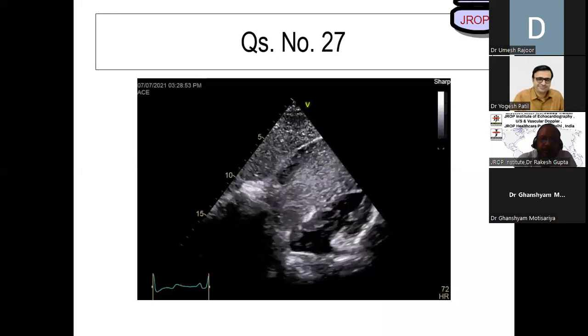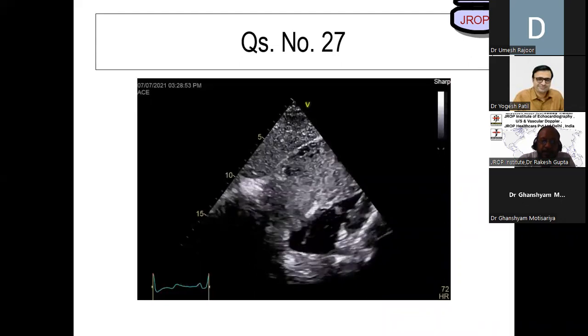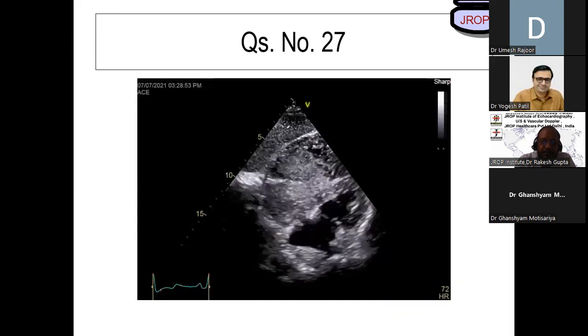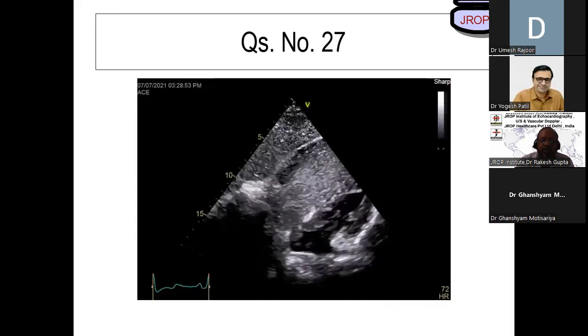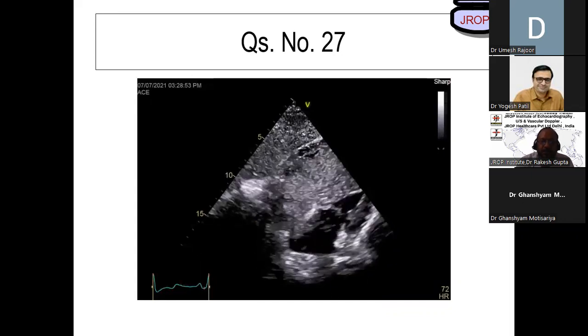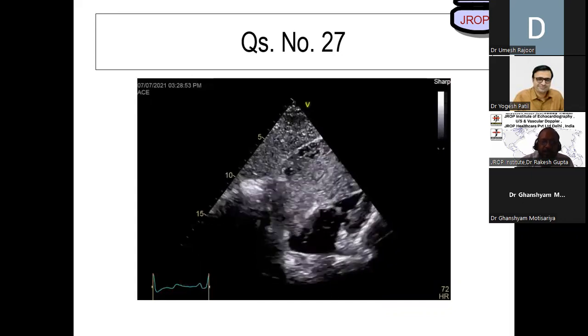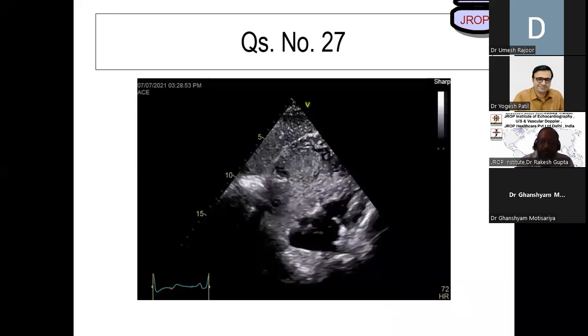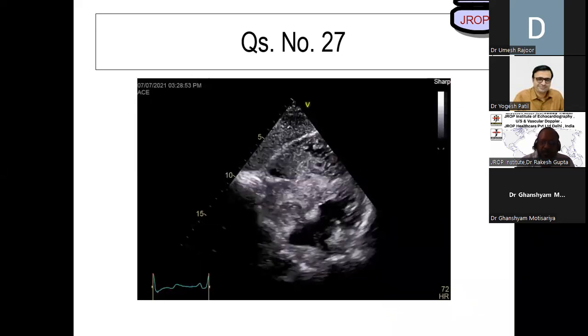Correct. And RA-RV dilated. Right. How did you say, right to left shunt or left to right shunt? What did you say? Left to right shunt. Okay. Yes. You'd like to improve your sentence, Ghanshyam?